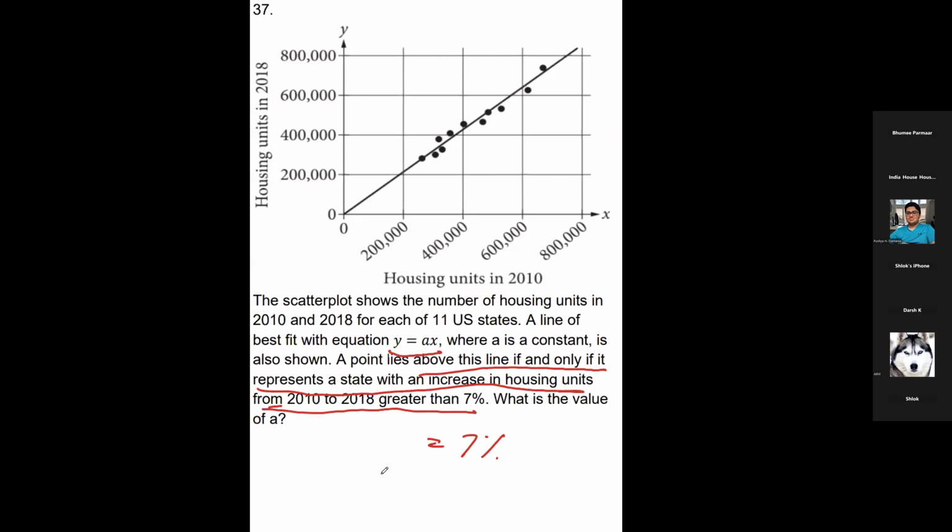So we have 100% plus 7%, which gets us 107%, which we need to convert from a percentage into a decimal. 107% is the same thing as 1.07. So that would be the correct answer, 1.07.